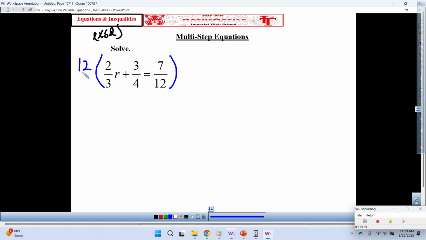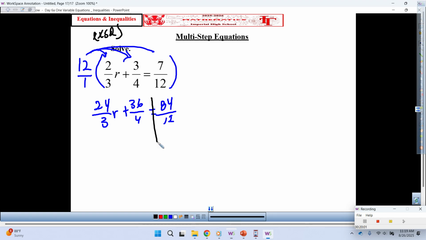Why, Mr. Q? Because if I put 12 over 1, the denominator multiplies these and the numerator multiplies those. Here we go. 12 times 2, 24 over 3R, plus 12 times 3, 36 over 4, equals 12 times 7, 84 over 12.